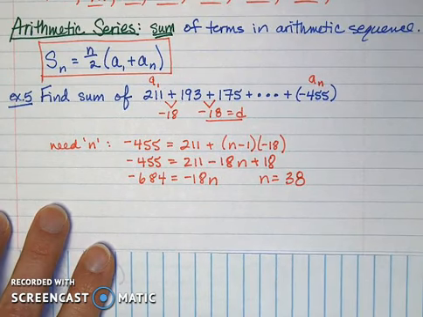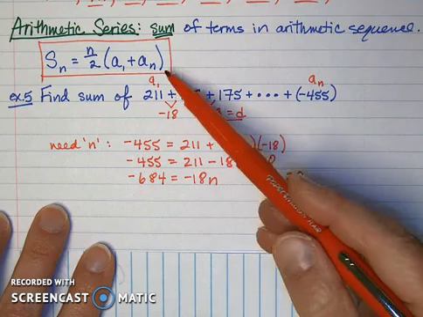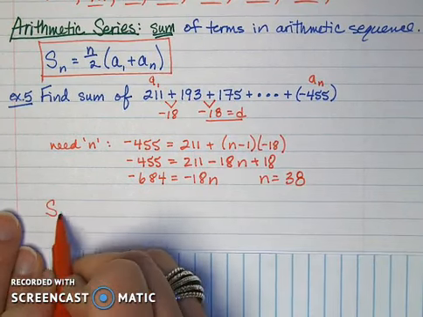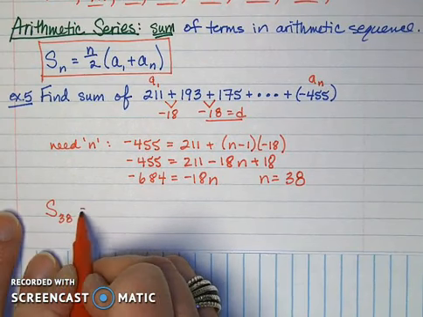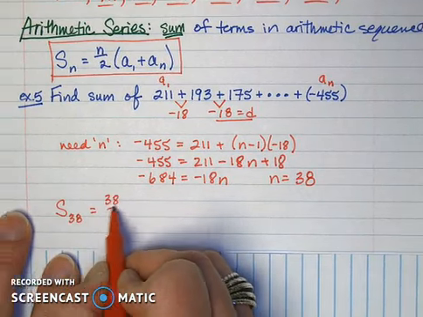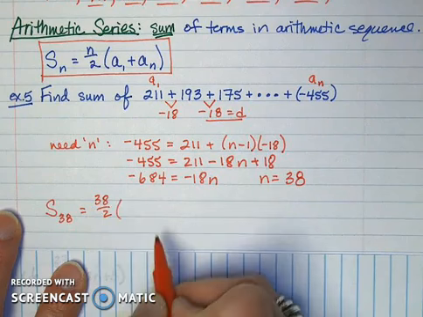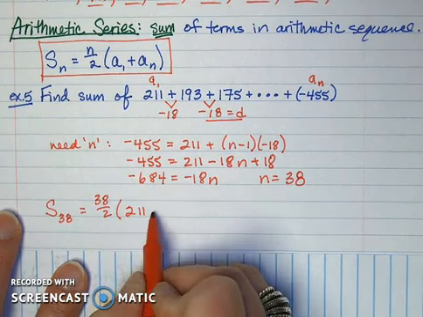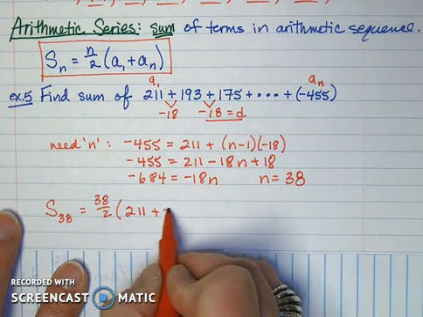Now I can go and find the sum. The sum of the 38 terms is 38 divided by 2 times the sum of the first term, which was 211, and the last term, which is negative 455.